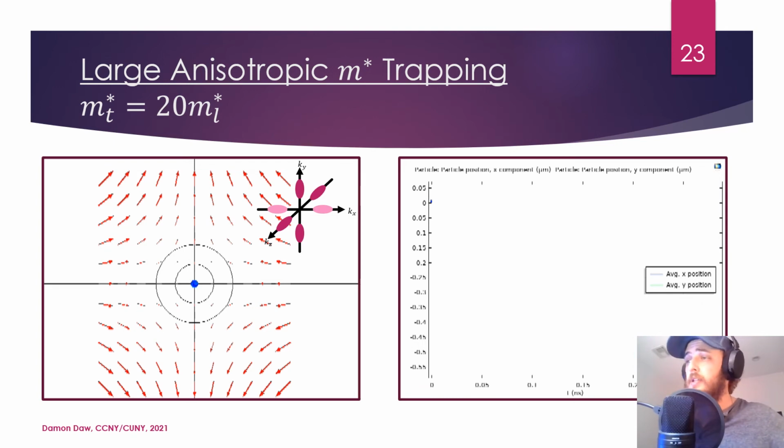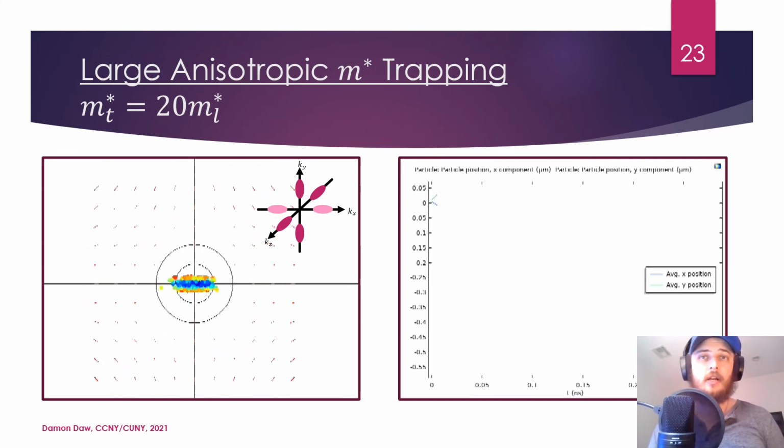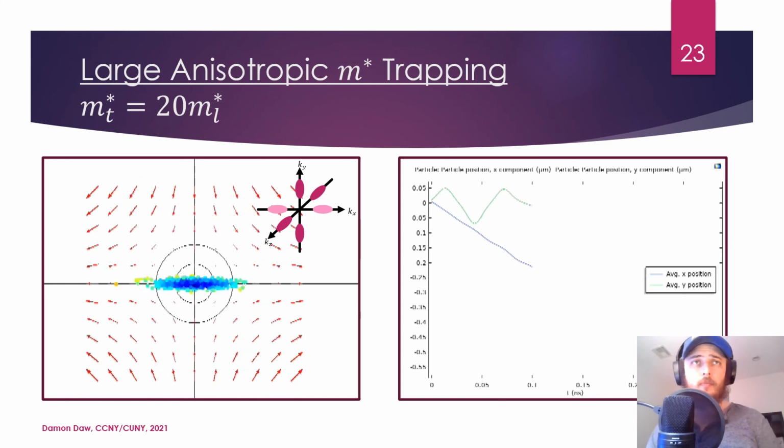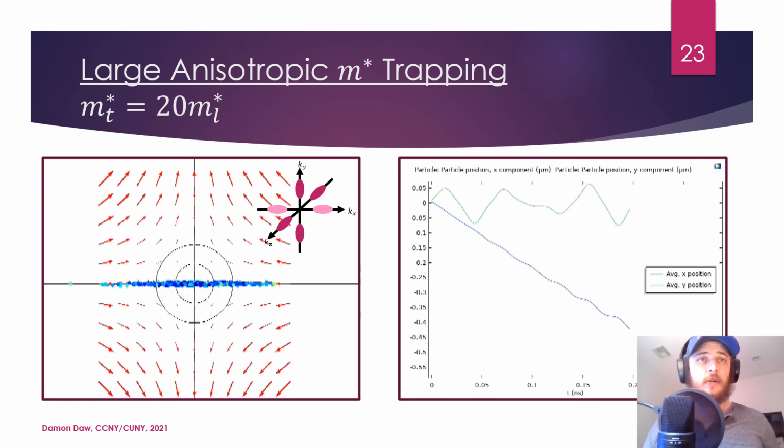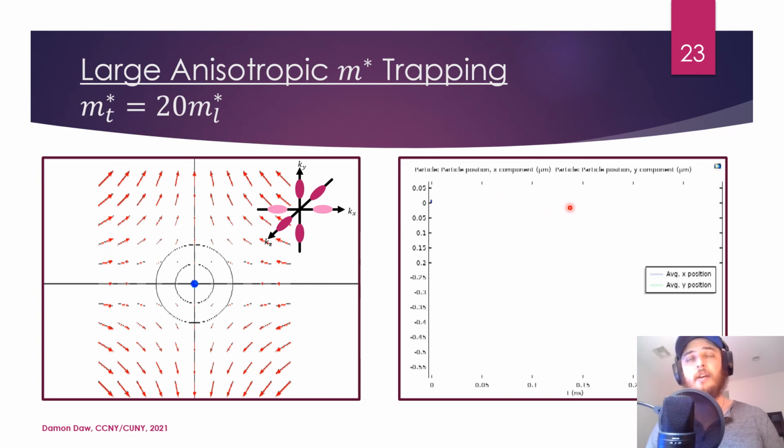Silicon and diamond have a factor of about 5 difference between the transverse and longitudinal effective masses. But even in a very anisotropic crystal, with a factor of 20 difference, you can see that the carriers are well confined in the light vertical direction. It's harder for them to be confined in the horizontal direction because they're heavier along that direction, and you can see that represented in their average motion.